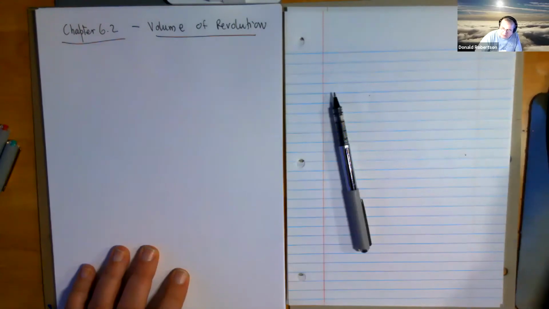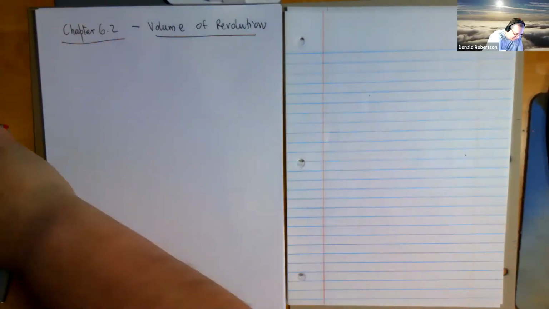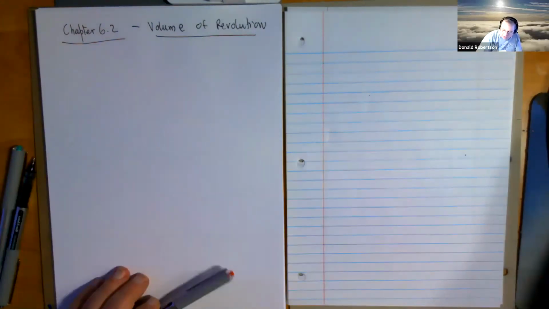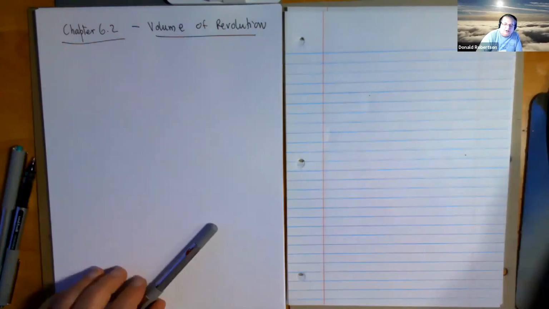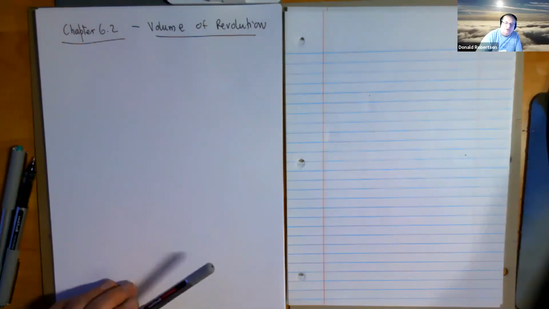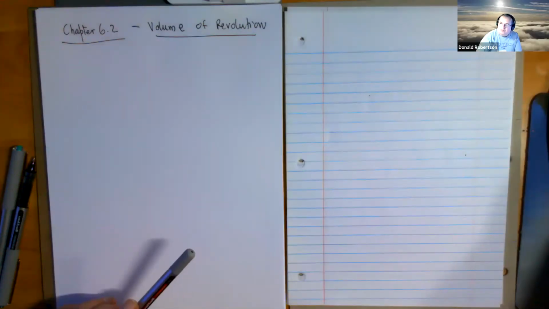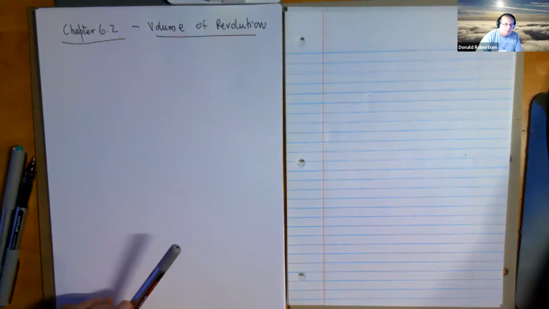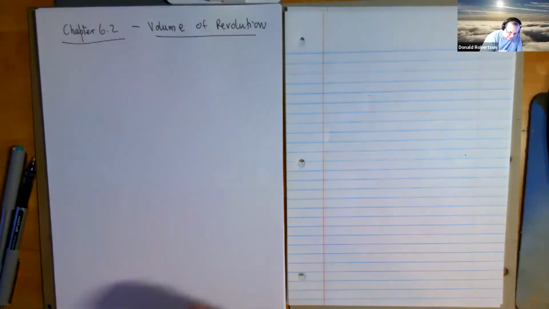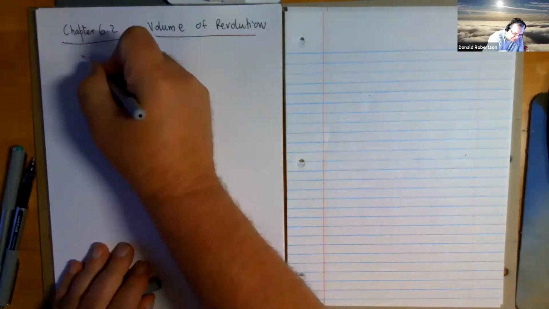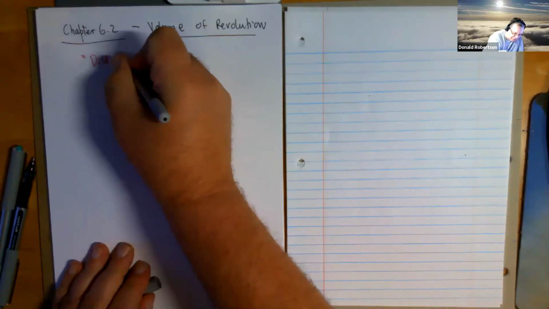We are going to be doing volumes of revolution, but there are two different ways in which you can find what are called volumes of revolution. One of them, the one we're going to be dealing with today and tomorrow as well, I strongly suspect, is called the disk method.